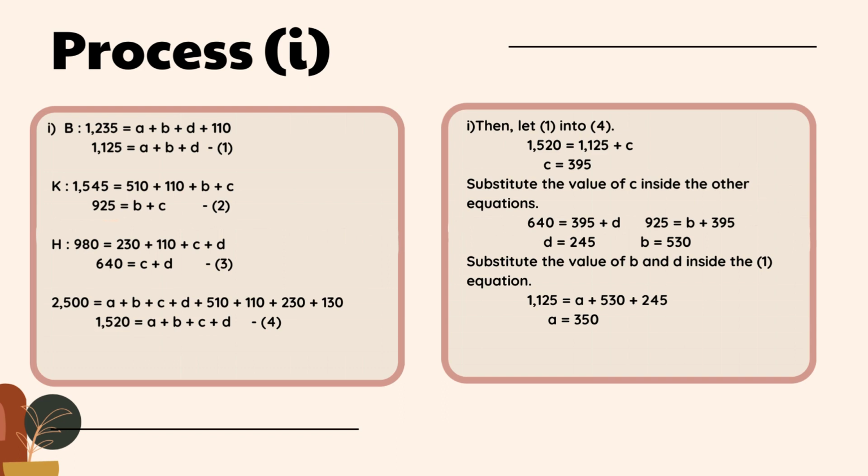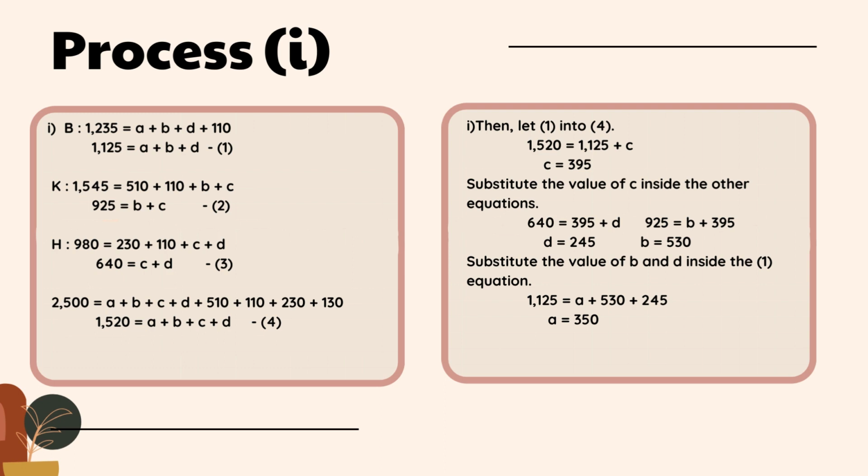We substitute the value of C inside the other equation. So 640 equals to 395 plus D. And we get D for 245. And 925 equals to B plus 395. We will get B for 530.